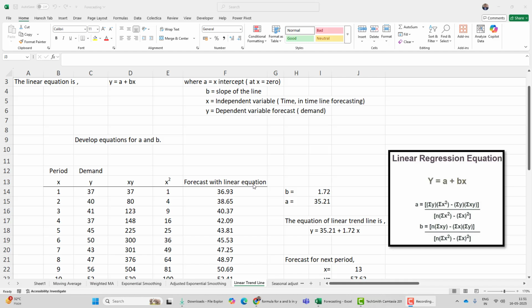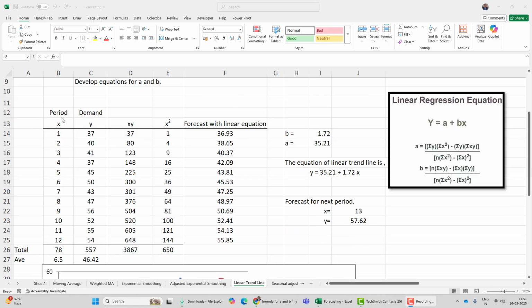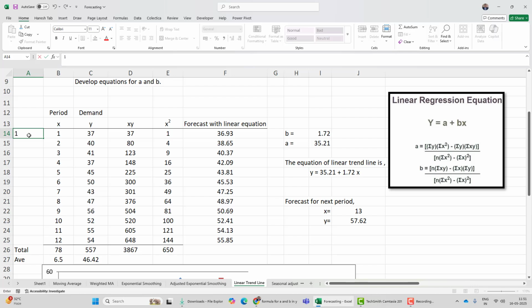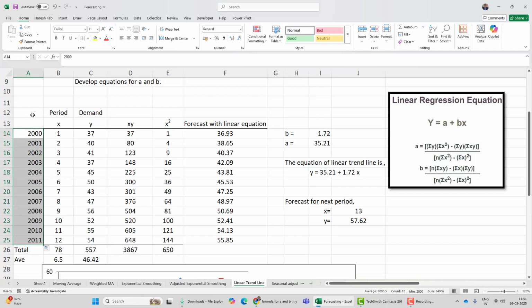So how do we go about calculating this a and b and establishing the equation y equals a plus bx? Assume that we have been given periods x, which are 1, 2, 3, 4 up to 12 periods. Sometimes it will be given as years.